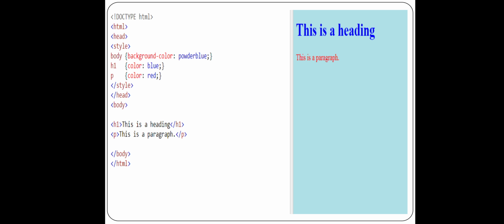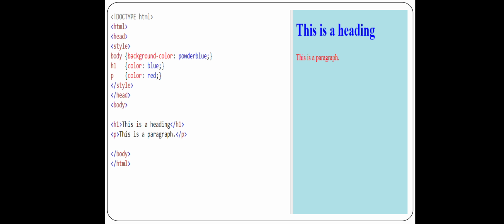Which sentence is using H1? This is a heading. Only for this line, since it is a heading, it will have the H1 size as well as blue color text. So you can see in the output the first line is the heading. Since it is H1, it will have the largest heading size, and as for styling, it is given blue text color.